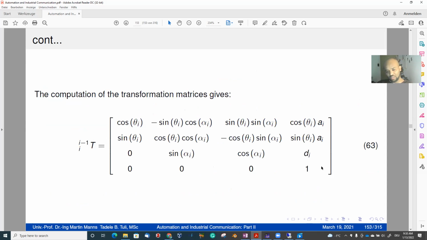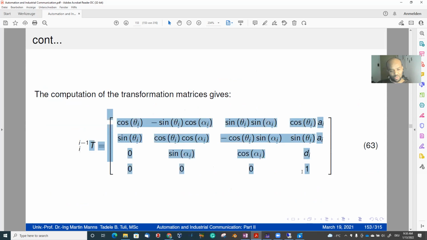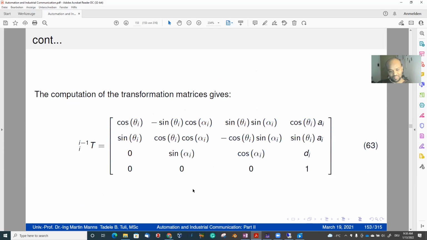If you do the mathematics of the previous equation, you will get something like this.